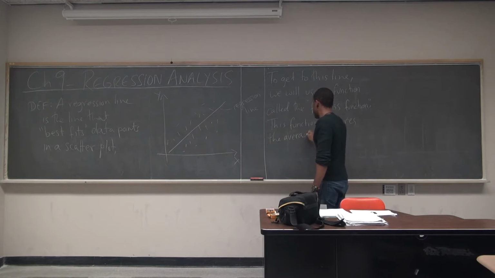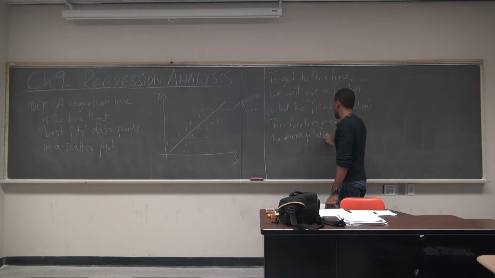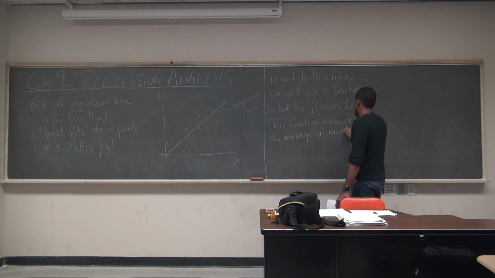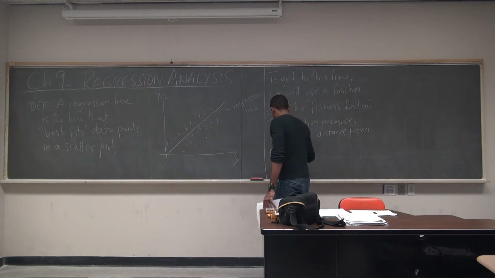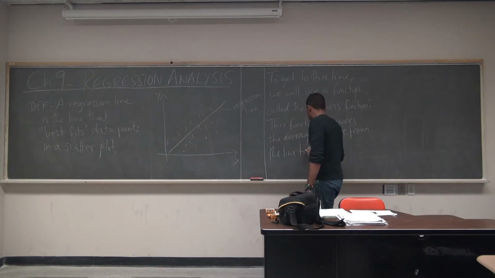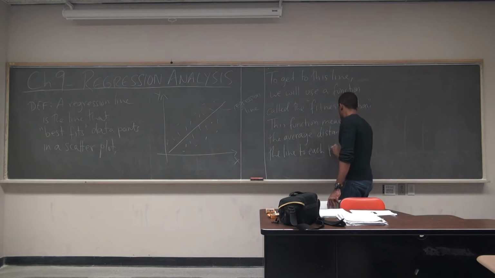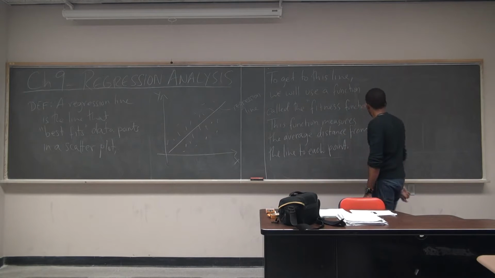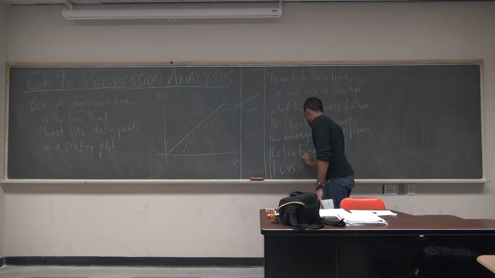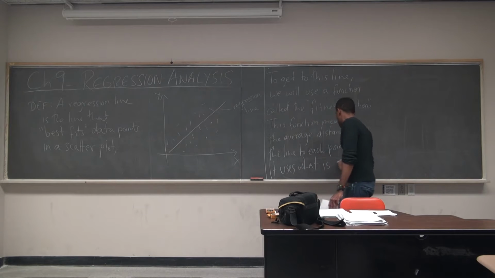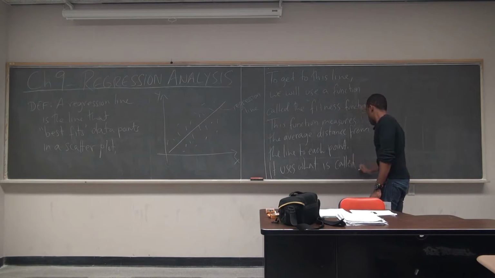We're going to use a function that measures the average distance from the line to all the points. It uses what's called the method of least squares, which I shall describe presently.